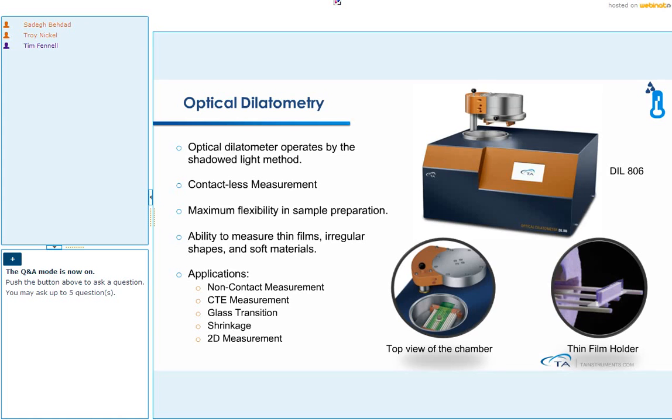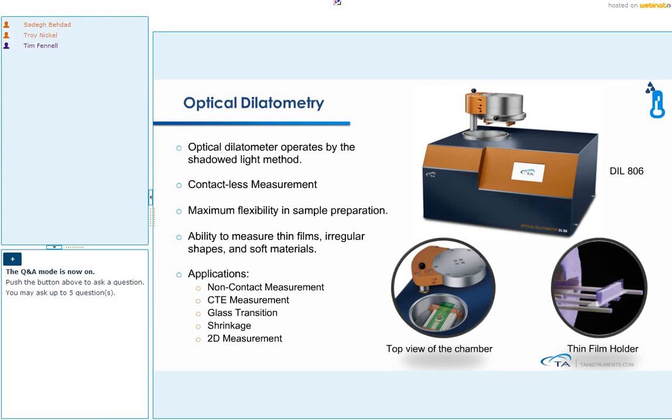Another instrument that you can use to understand your material better is an optical dilatometer. Optical dilatometry uses a shadowed light method. There is a gallium nitride LED light source that is emitting light on your sample, so this is a contactless method.